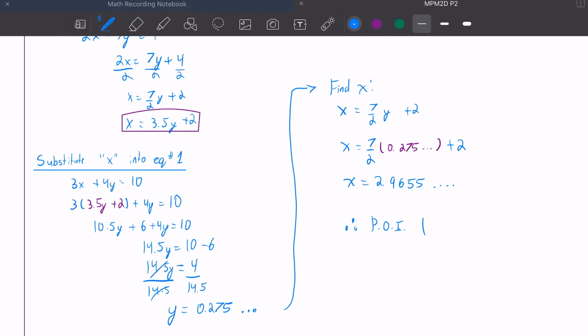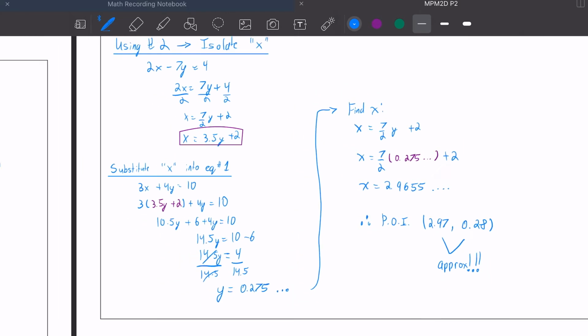What we're going to do is round that to 2.97, and we're going to do the same thing to our other one, 0.275, rounded to 2 decimal places gives us 0.28. Now this is approximate, but it's good enough. So this is our POI.